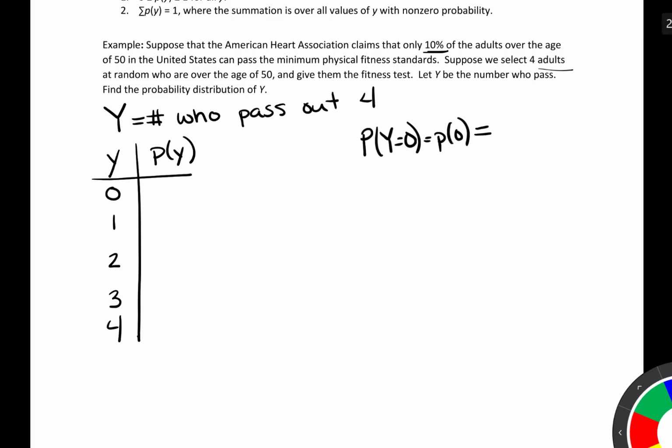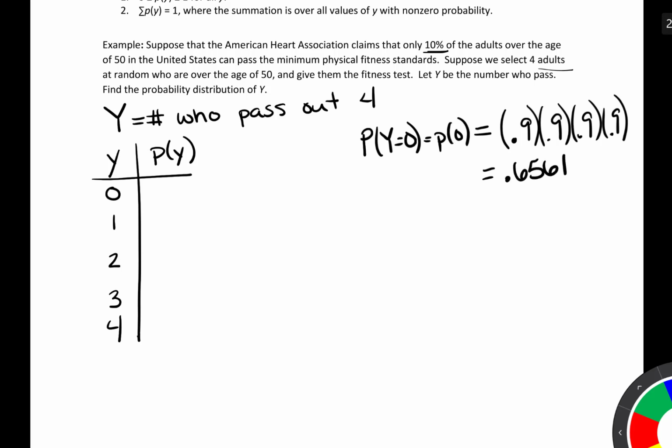So if 0 people pass, and we know that there's a 90% chance of not passing, what this means is that the first person didn't pass, the second person didn't pass, the third person didn't pass, and the fourth person did not pass.